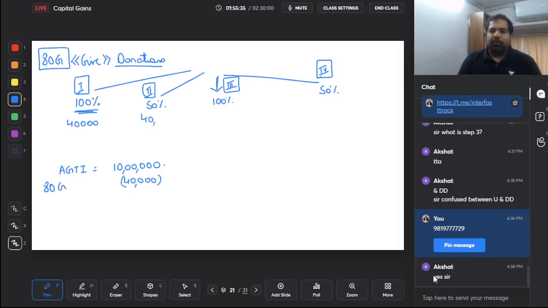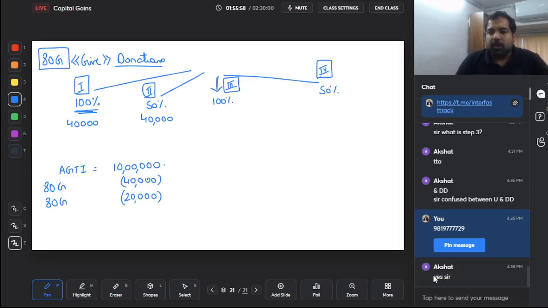Here I have donated 40,000 also to this second category, which is Jawaharlal Nehru, Indira Gandhi, Rajiv Gandhi and Broad. These are 4 funds. And if I have donated here 40,000, I'll get a deduction under 80G, but only 50% of that, basically I'll get a deduction of 20,000. This is so simple. So why did we do it right in the end?